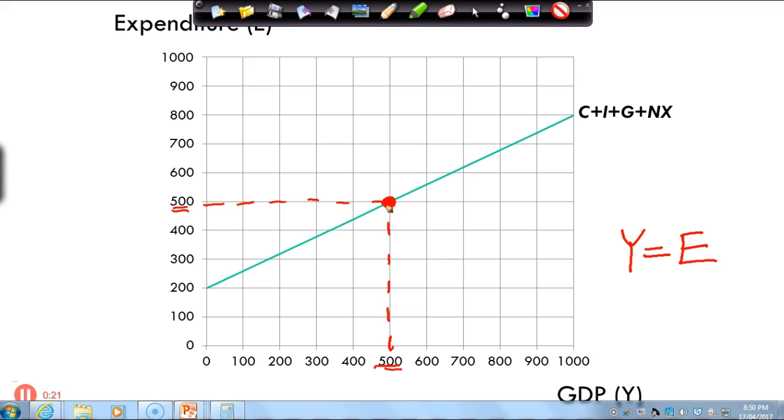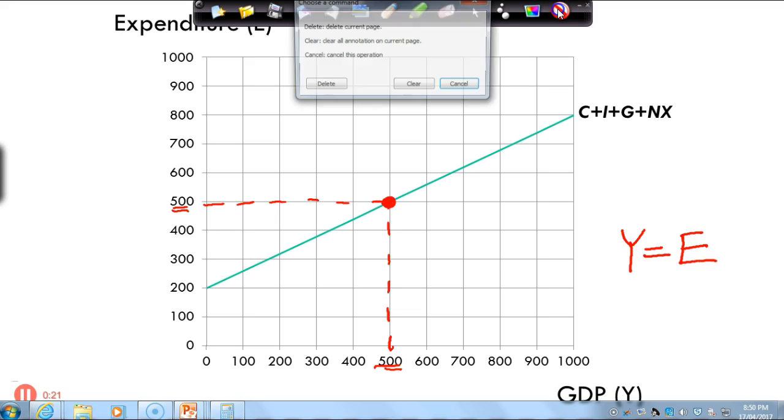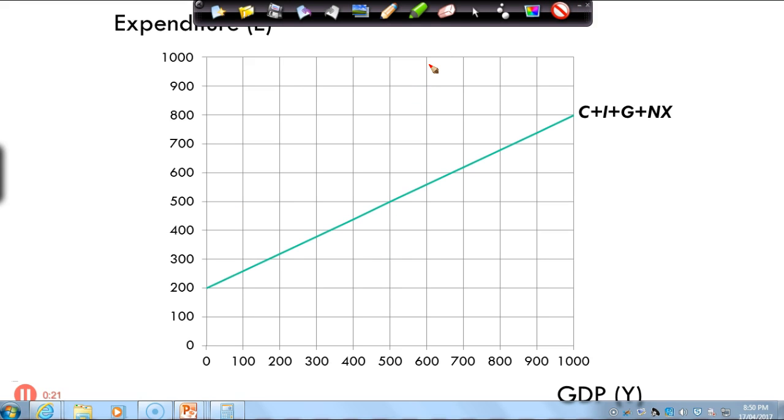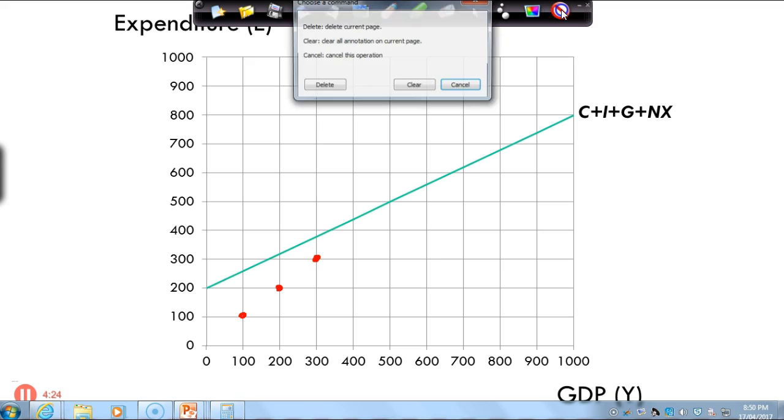Now, rather than just doing an eyeball test to find it, we have another tricky way of doing that. If we draw a line showing all the possible equilibrium points, then we can easily find where the equilibrium will actually be. So a possible equilibrium point is where 100 equals 100, where 200 expenditure equals 200 income, where 300 expenditure equals 300 income, and so on.